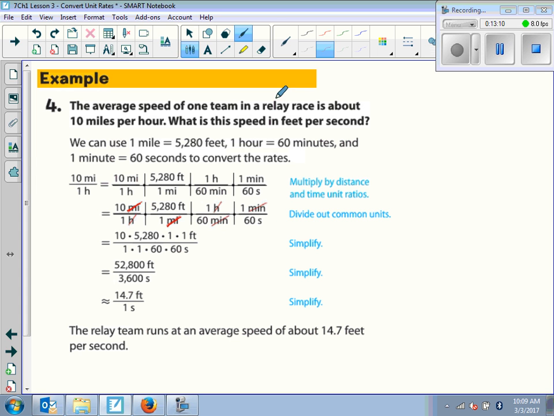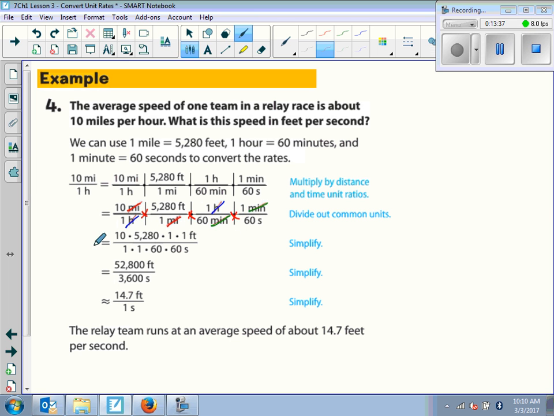So now we've got the hours and the hours canceling using this conversion. 1 hour is equal to 60 minutes. And then we can see that we can cancel minutes and minutes using another unit ratio. So now, once you have all of your ratios in place, then you're just going to multiply straight across.